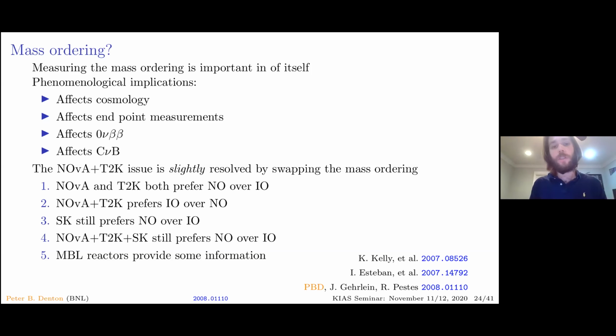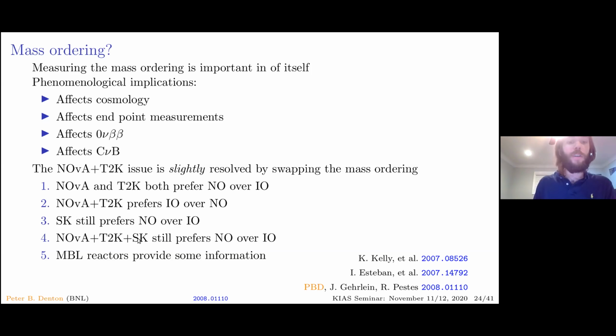That's due to these degeneracies between oscillation parameters. Now, Super-K atmospheric has some sensitivity to the mass ordering, and they prefer the normal ordering over the inverted ordering. All right, so we got a whole bunch of stuff going on here, but it turns out that number 3 on my list, the atmospheric part, is a bigger thing than number 2. Basically, while NOvA and T2K prefer the inverted ordering, it's not by a lot.